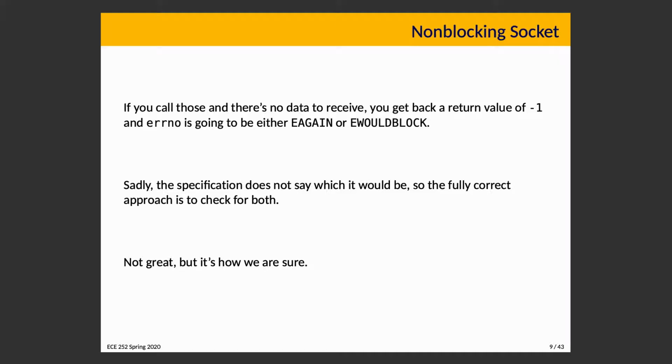Unfortunately, the specification does not say whether it would be EAGAIN or EWOULDBLOCK, so you actually have to check for both to be fully correct and make your program work across platforms. So yeah, that's a little bit of a pain, but fortunately it's just a small thing. It's not great, but it is how we're sure that we actually got a -1 as a result of there being no data available.